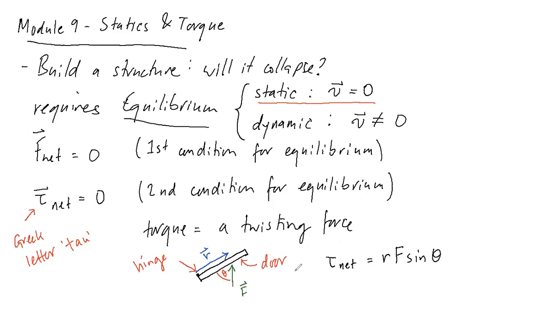It's a twisting force. So what are the units of torque? If this is in meters and this is in newtons, the SI unit of torque is known as the newton meter.